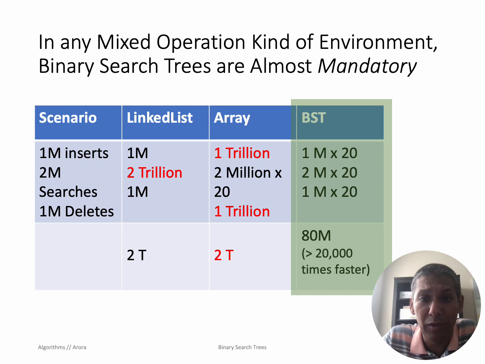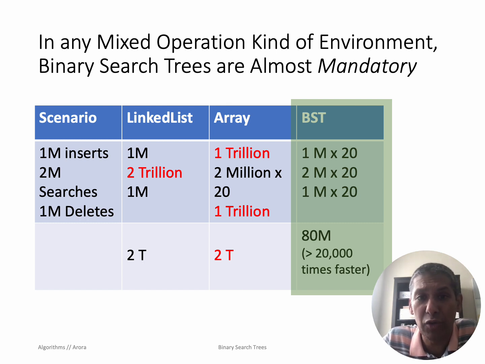So both of them will actually take about 2 trillion operations. In a binary search tree, each of these operations will take about 20 units. 20 is the log of 1 million. So log of 1 million to the base 2 is about 20.